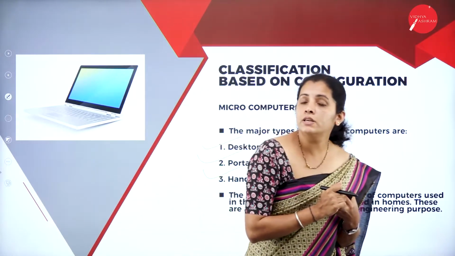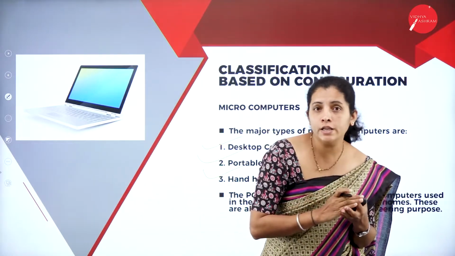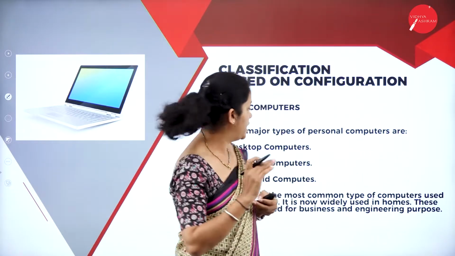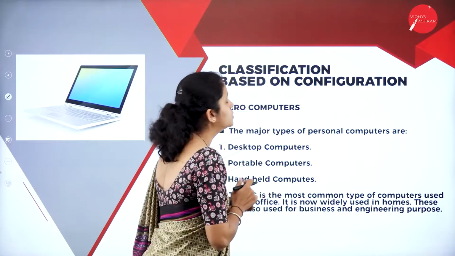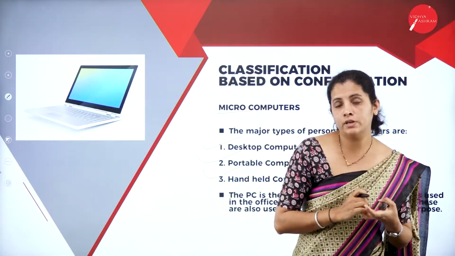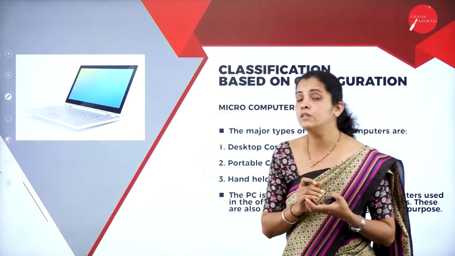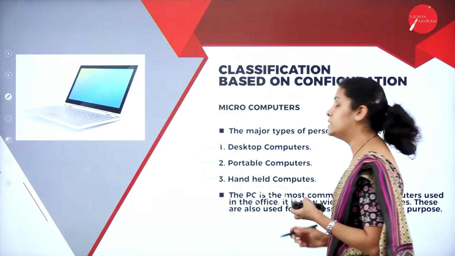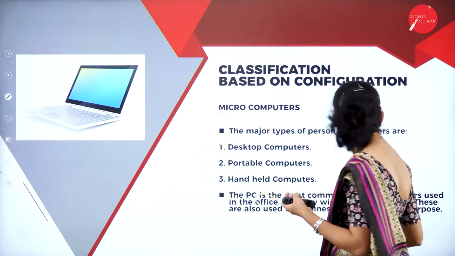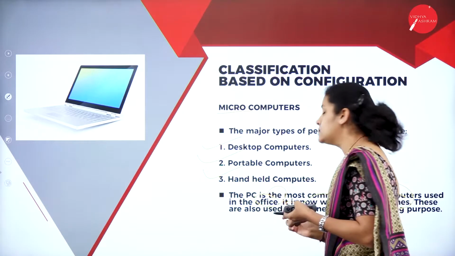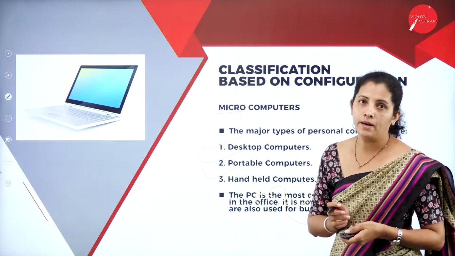These computers are most frequently used by business organizations as well as for engineering purposes. That means microcomputers are used in the office as well as in the home, and also for business as well as engineering purposes.